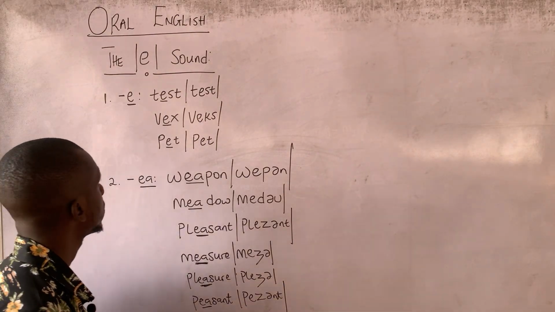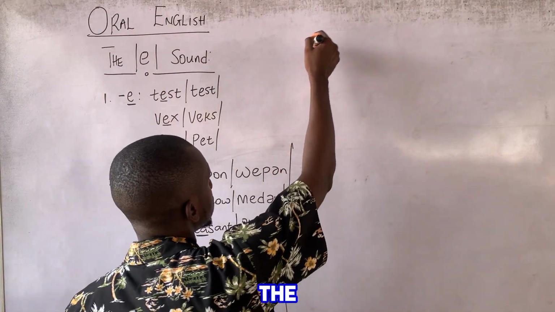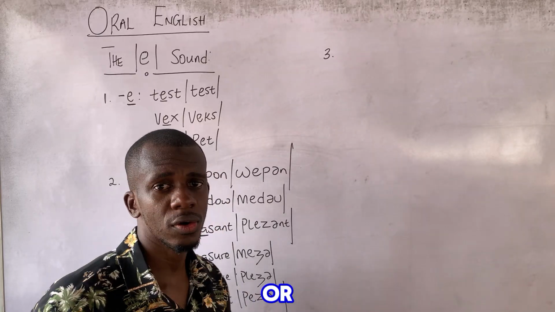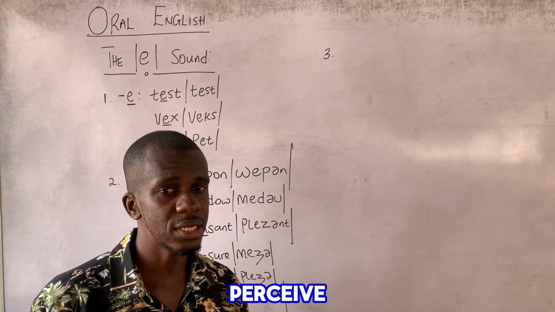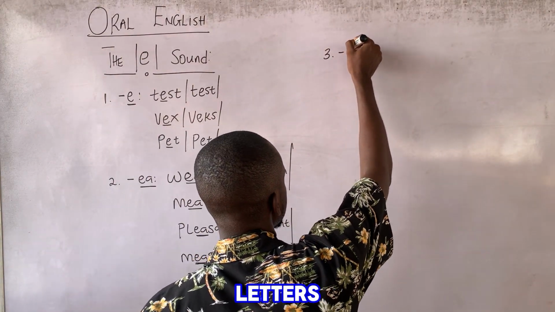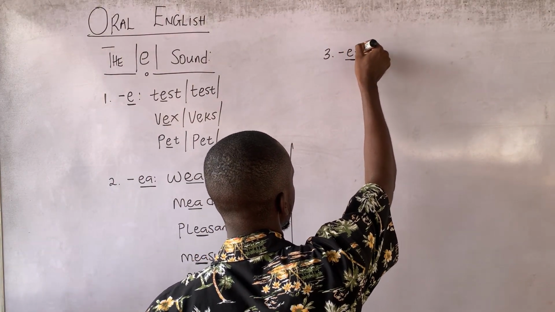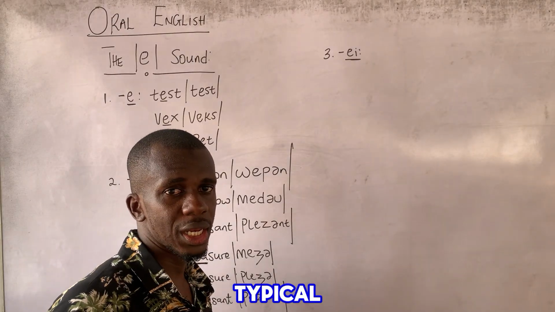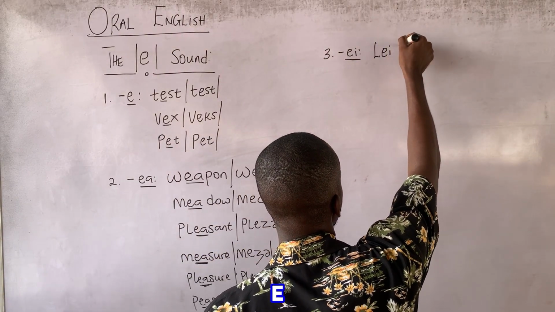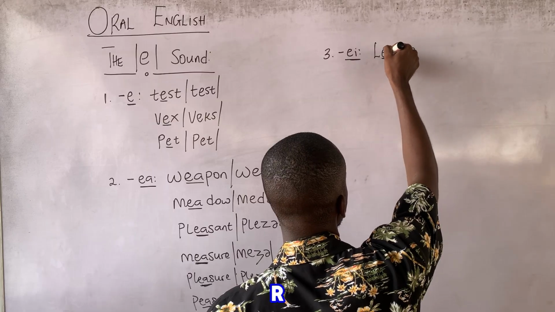Now, the third letters where I will find the air sound is in letters EI, with a typical example being the word leisure.